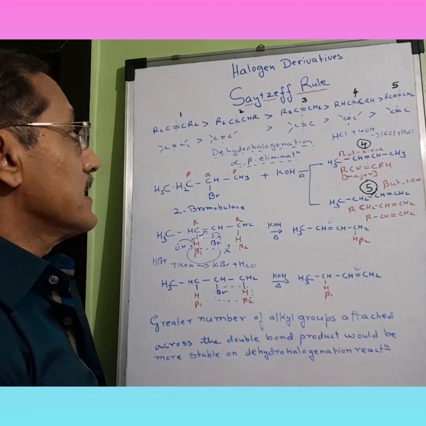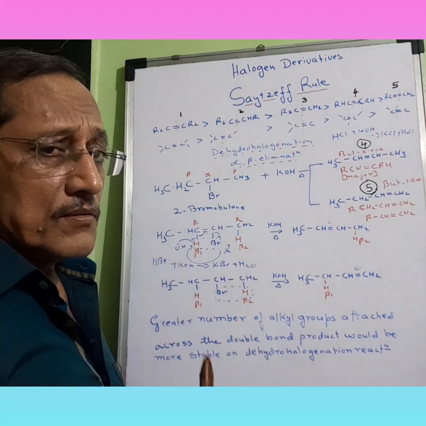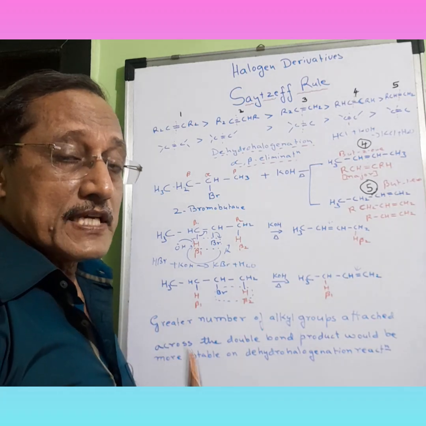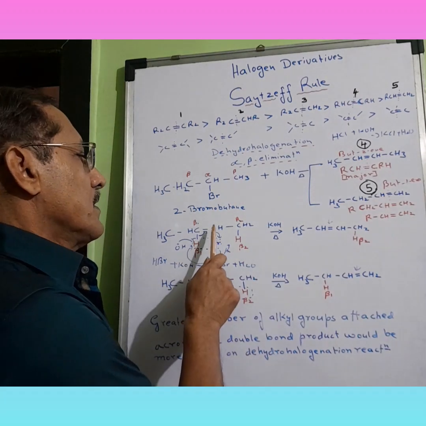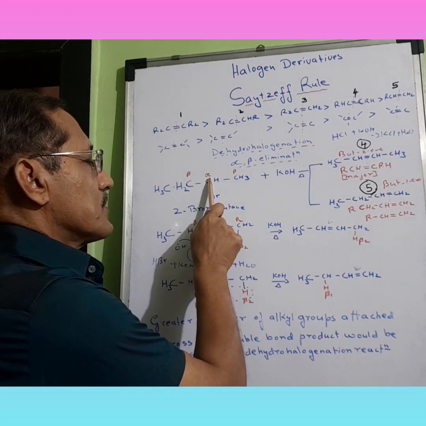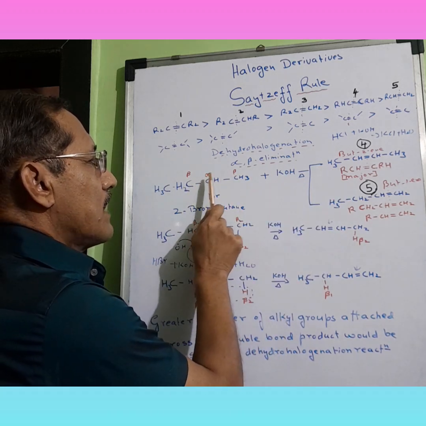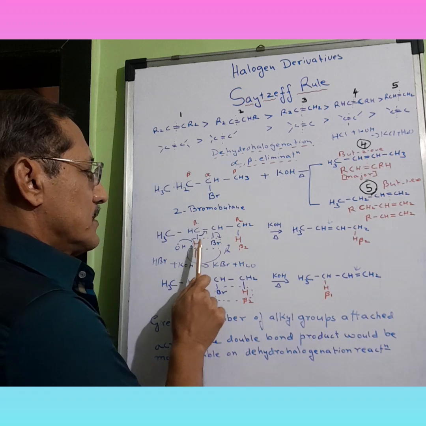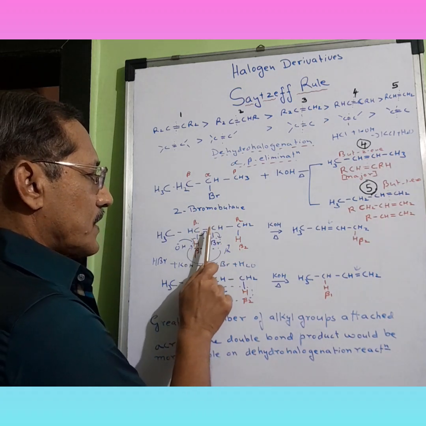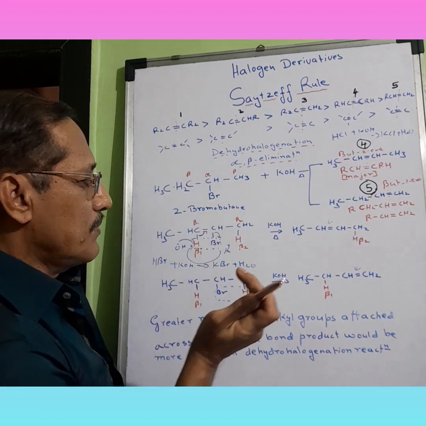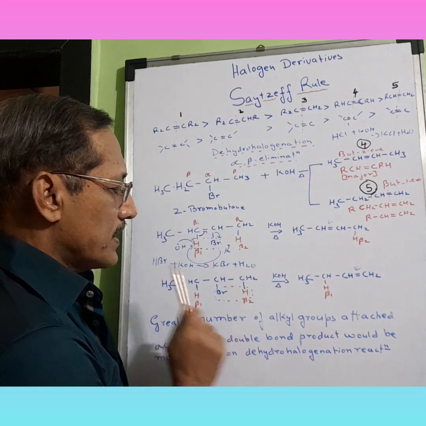Now the second thing is alpha beta elimination. You may be aware why we call it alpha beta elimination, because this is alpha, this is beta. So in both the cases, it was alpha and beta elimination. In this case it was alpha and beta elimination, in this case it was alpha and beta elimination.